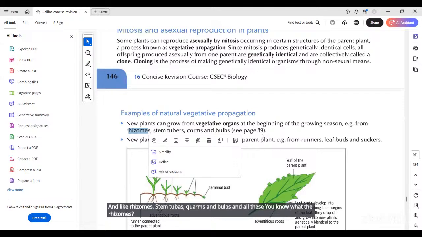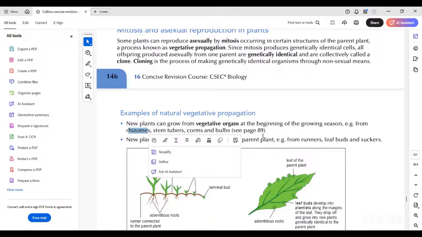What is a rhizome? Rhizomes are like ginger, things that grow in the earth, like roots that have a lot of nutrients in them, sir.